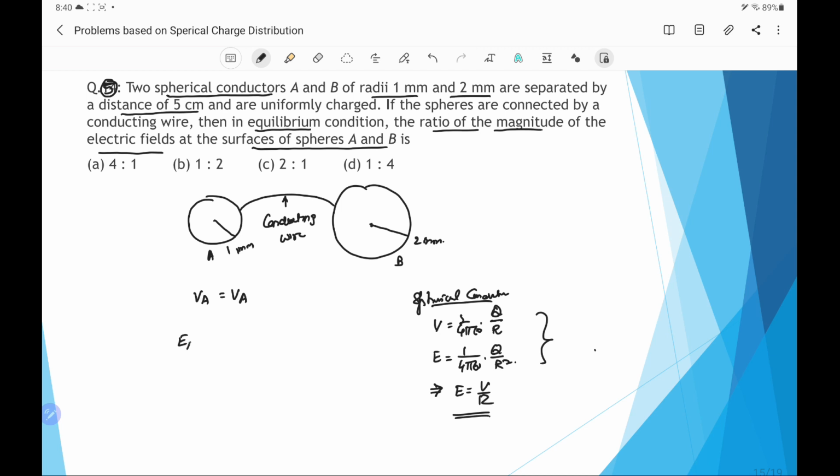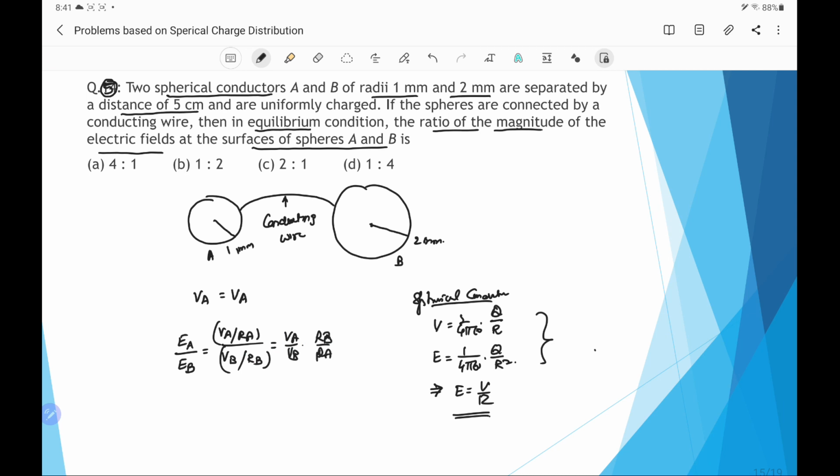Therefore, the electric field at the surface of conductor A divided by the electric field at the surface of conductor B should equal the potential of A by radius of A divided by potential of B by radius of B. This is equal to VA by VB into RB by RA.